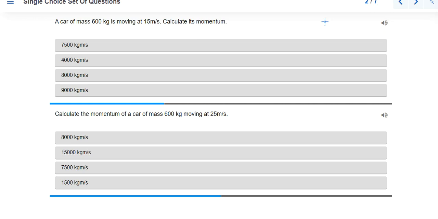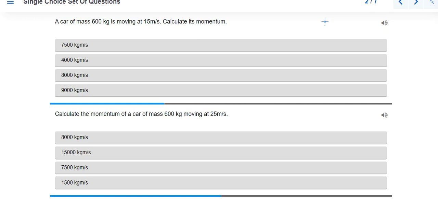M stands for mass, v stands for velocity. So momentum is the product of mass and velocity. So going to the question once again, a car of mass 600 kilograms is moving at 15 meters per second. We have to calculate its momentum.